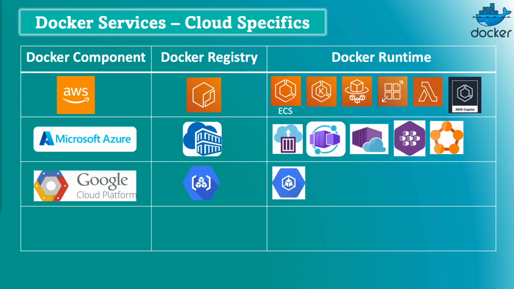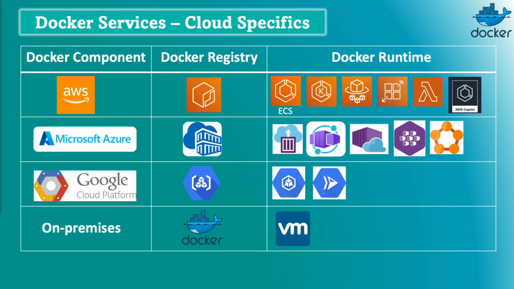For Kubernetes workloads, Google provides a fully managed offering called Google Kubernetes Engine. And if you want to go for a serverless option, then Cloud Run. This was all the container runtime services from cloud hyperscalers as of today. But if your workload is in an on-premises data center, then you can use an on-premises VM to host the Docker workload.